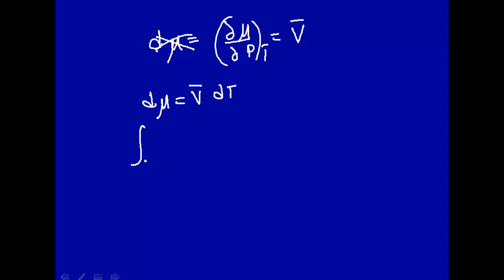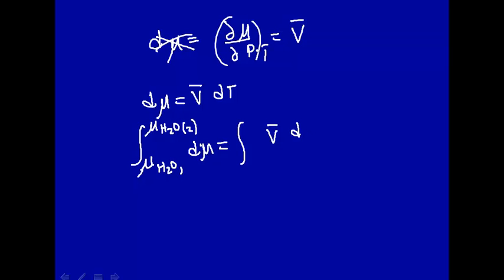Let's integrate this from what we have on the left, from the chemical potential of water in compartment 1 to the chemical potential of water in compartment 2. That'll be V d mu, and we're going to integrate the partial molar volume over temperature.